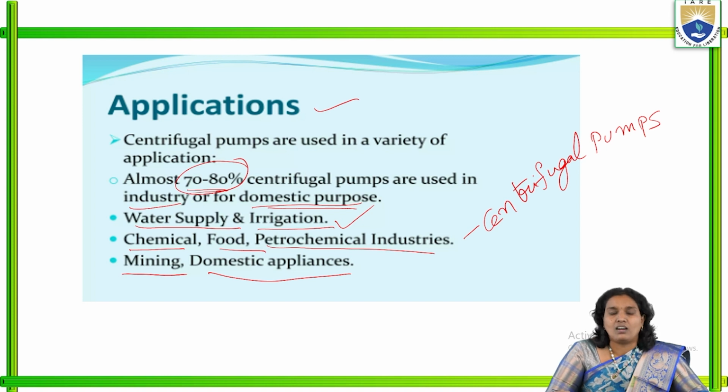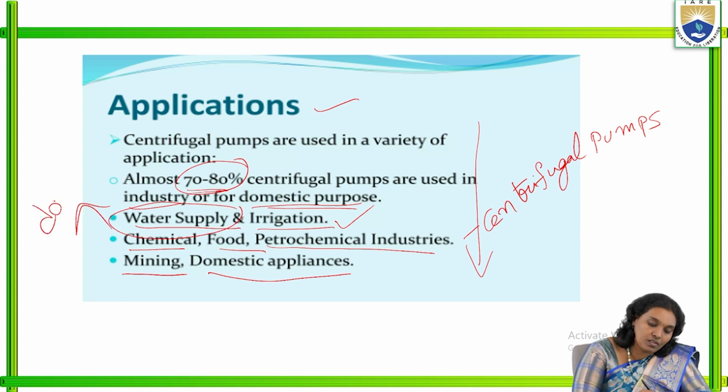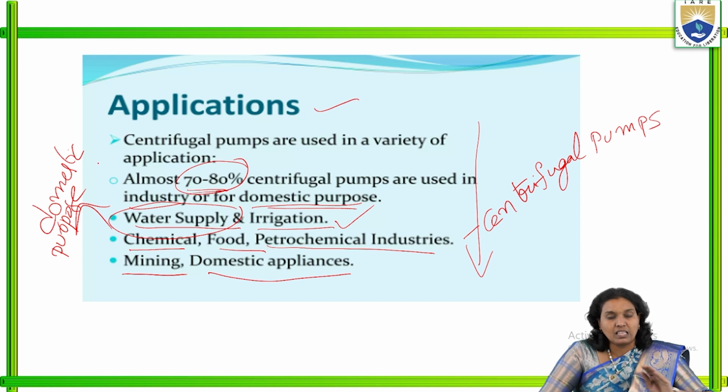These are some of the applications we are going to understand. Water supply comes under domestic purpose. For domestic purposes, various pumps are used for supplying water to homes, for example in a colony.